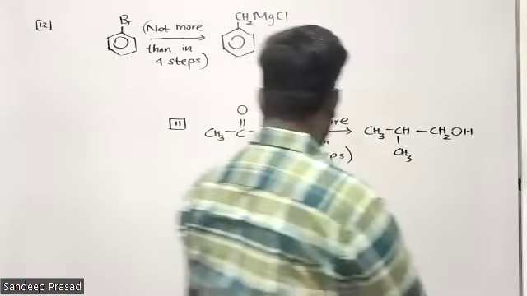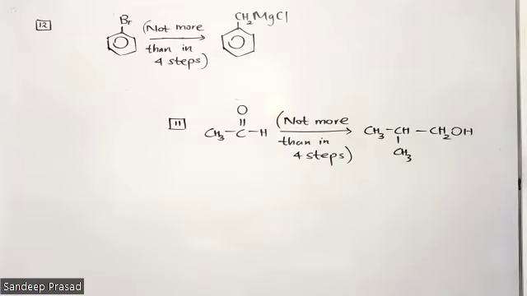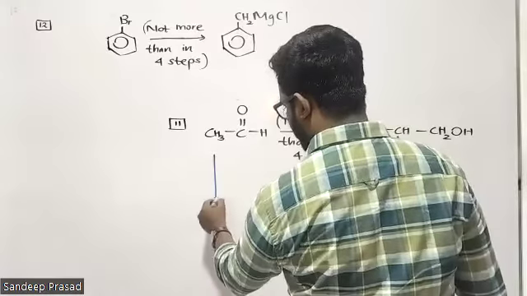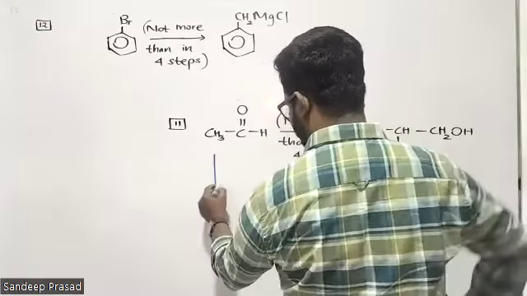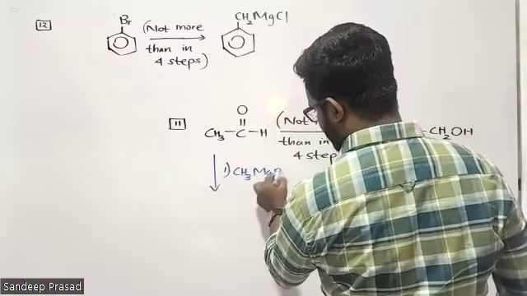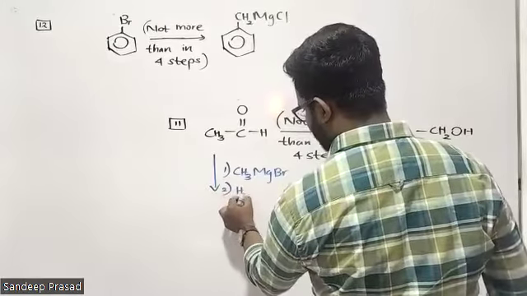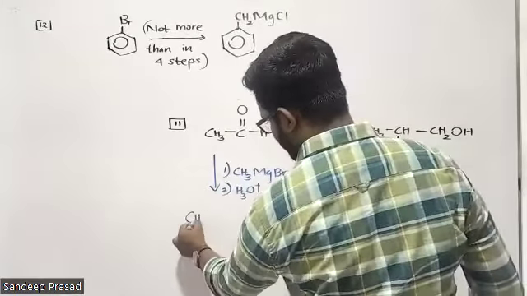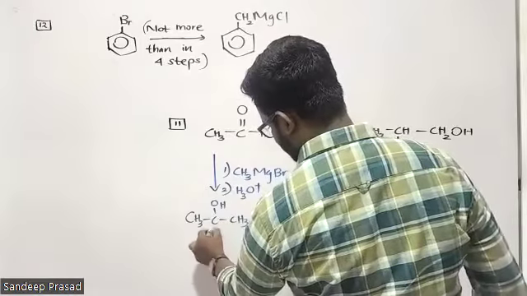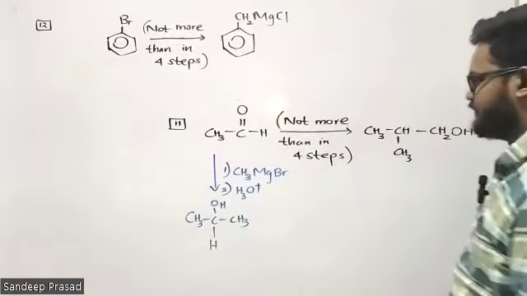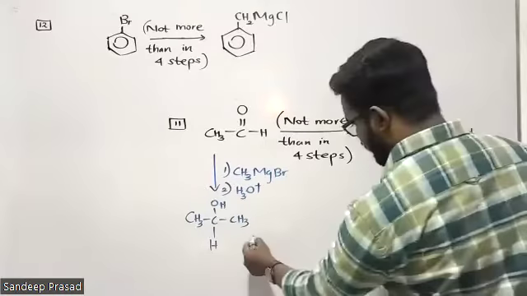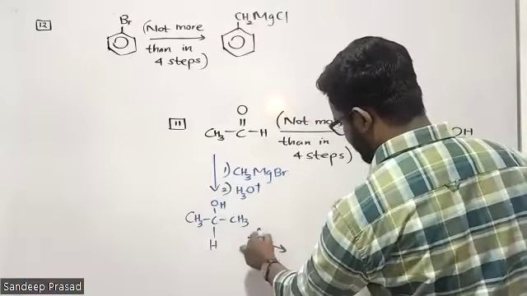So the 11th one can be done like this. I'm going to add Grignard reagent CH3MgBr. Number 2, H3O plus. Then we obtain an alcohol like this. Right? Then again we can add PCl5.